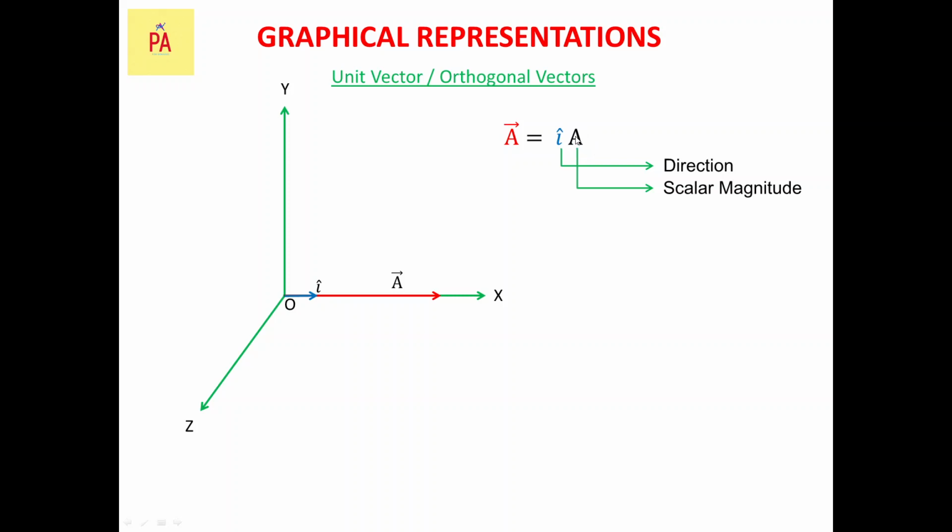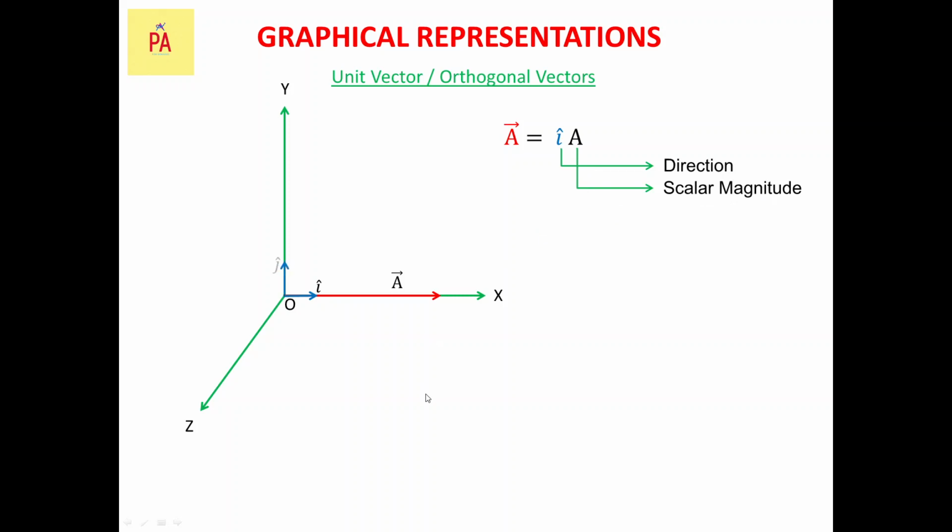So you got the point that magnitude and direction represent the whole vector. So vector A is represented by I, and what does I show? I shows that vector A is in the direction of the x-axis. I represents the unit vector along the x-axis, that is fixed, and A is the scalar magnitude. Hope you understood this part.